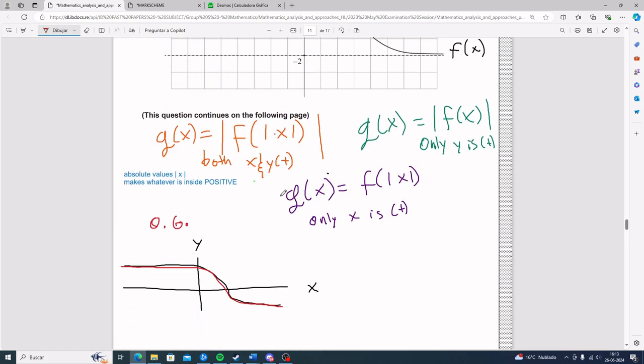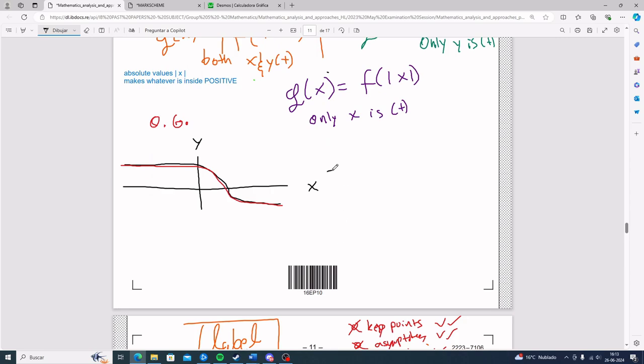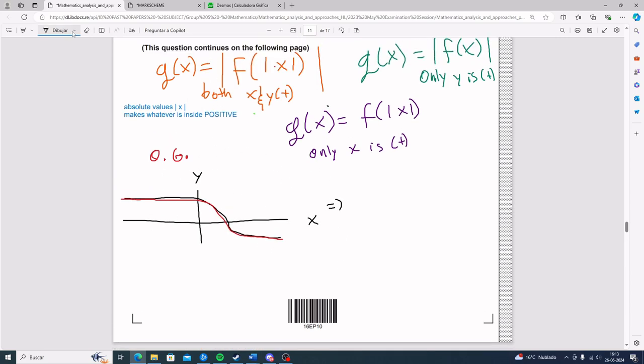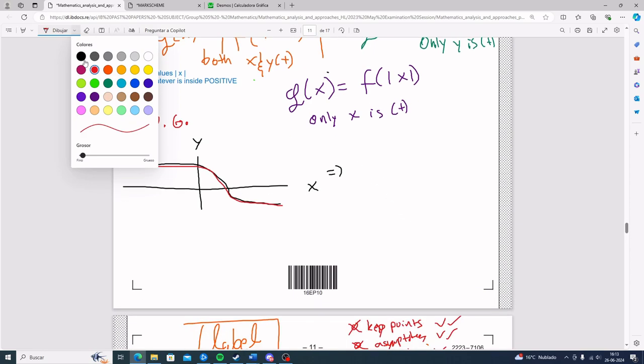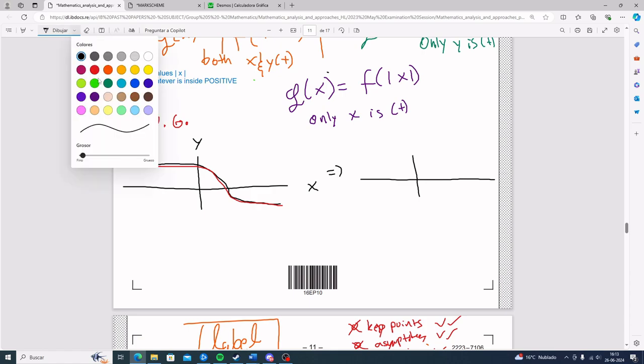Because you have absolute values on the outside and on the inside, both your x values and y values are being affected by the absolute value. On the one hand, first you can consider the transition of having no negative y values. If you make no negative y values, it has to look something like this.